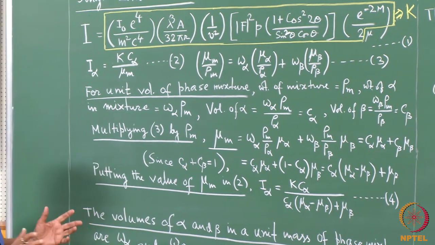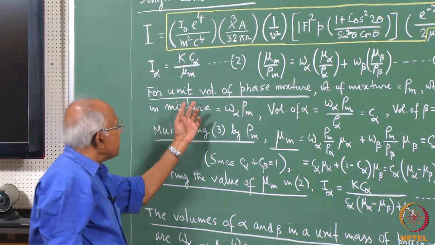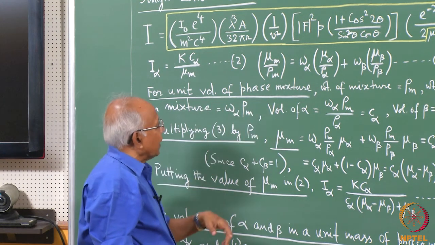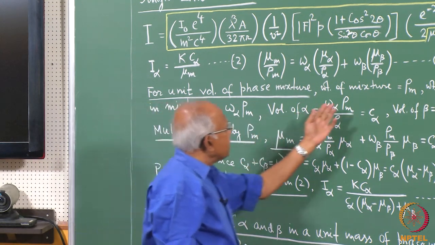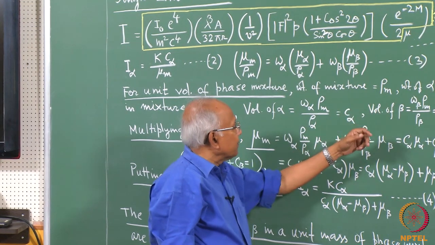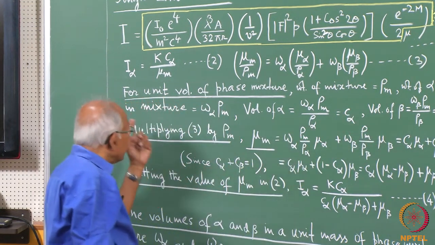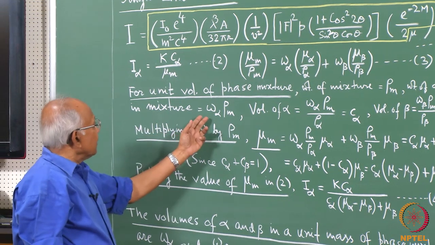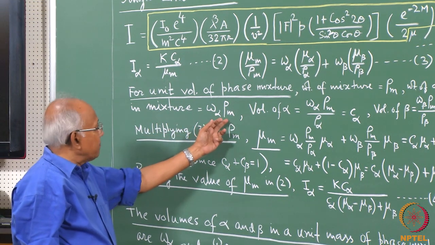Now if we consider a unit volume of the phase mixture, then the weight of the mixture will be simply equal to rho m, the density of the mixture. So weight of alpha in the mixture will be equal to W alpha rho m.